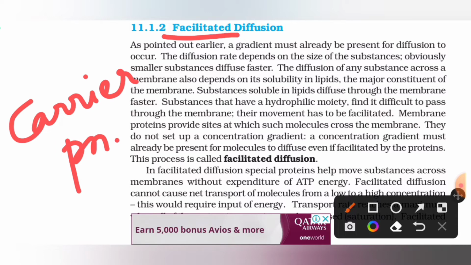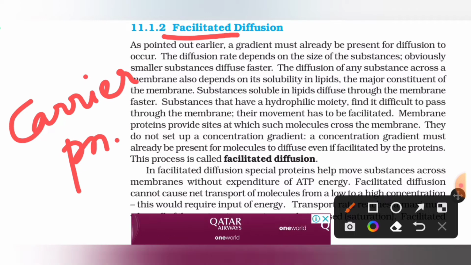They need a carrier for the movement of the molecules. So this is also a passive process where energy is not required.